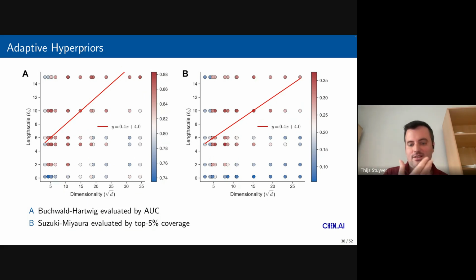And so that's actually validation of the theoretical argument that we were making, that if you want good performance in a Bayesian optimization campaign, your initialization of the length scales and your hyperprior should have this dependence on the square root of d, because if the length scale is proportional to the square root of d, then you maximize performance.